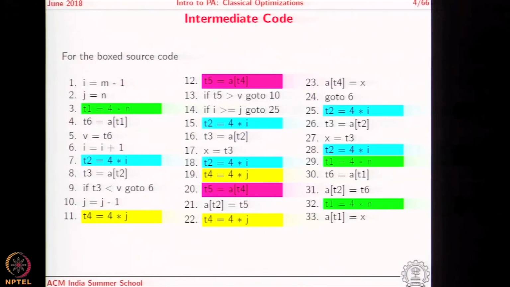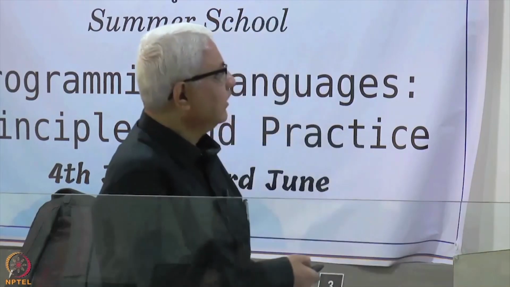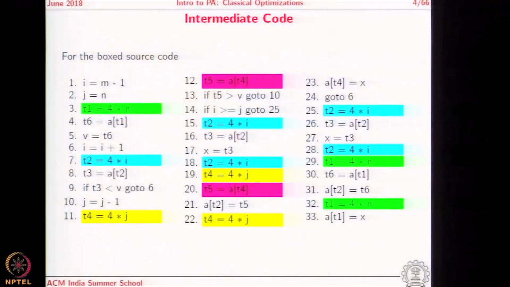Can someone tell me why this is happening? Why is this T1 equal to 4 star n? So we have T6 is equal to a of T1. Why are we not doing T6 is equal to a of n, which is what was there in the original program?